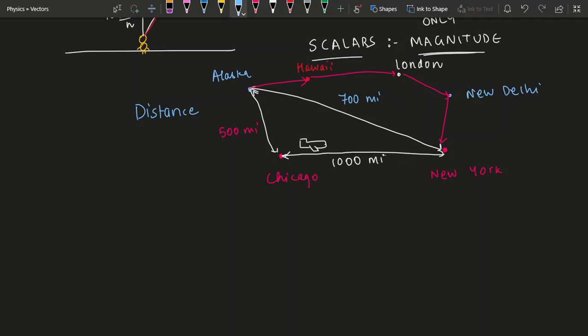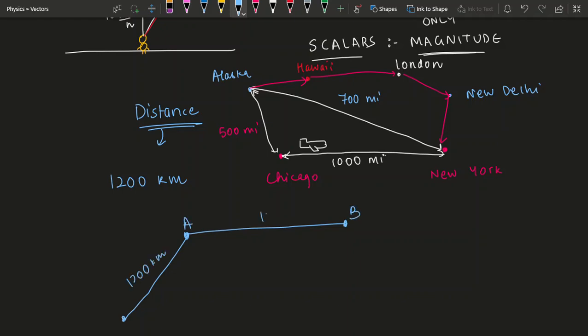So the direction you have traveled, I'm confusing it with run all the time, but the distance really doesn't require any sort of direction. Saying you have traveled 1,200 kilometers in one direction is equivalent to saying you have traveled 1,200 kilometers somewhere else. If from A to B the distance is 1,200 kilometers, and from A to C the distance is again 1,200 kilometers, then these two have no difference in them.